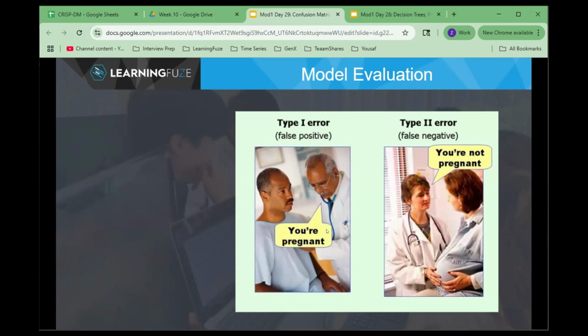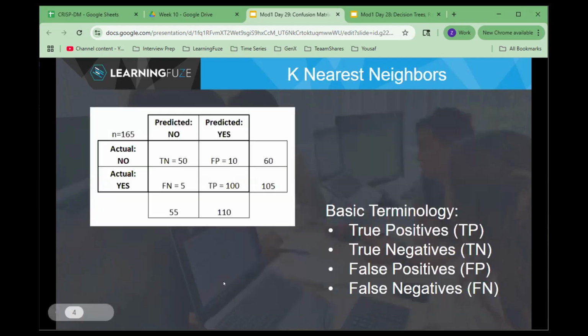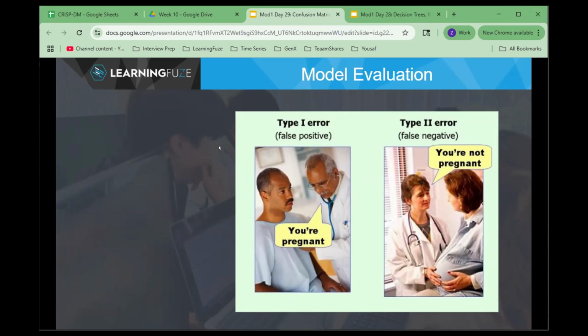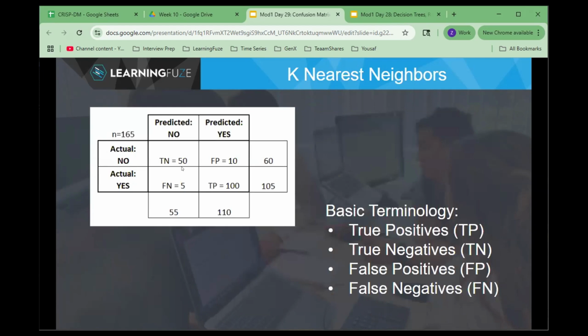So in this case, the doctor is saying to this man that you are pregnant, where the guy is clearly not pregnant. So when you have these false positives, these are your type 1 errors. A type 2 error is when it's a false negative, and a false negative is these ones. So this top right corner is type 1 error. This is type 2 error.